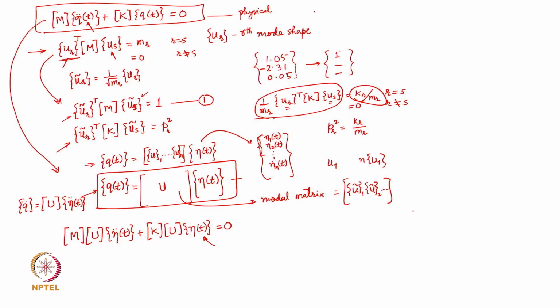Now, why are we doing all this? When you consider this equation, we know that all these equations are in the form m x1 double dot plus k1 x1 minus k2 x2 and so on, equal to 0. There will be another equation in x2 where you will have minus k2 x1 plus k2 plus k3 into x2 and so on. The point is your governing equations of motion are all coupled equations.